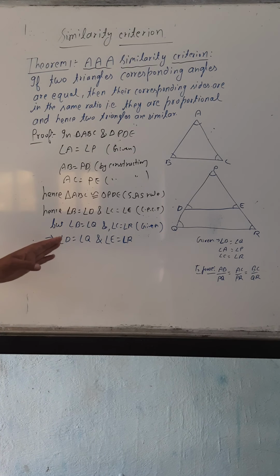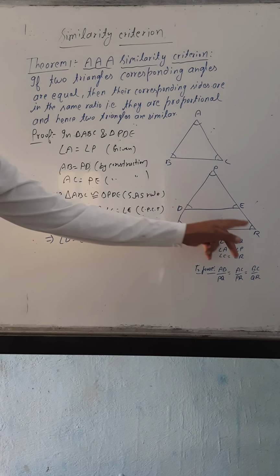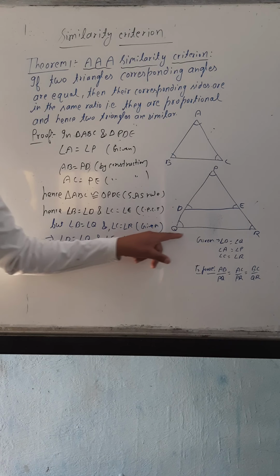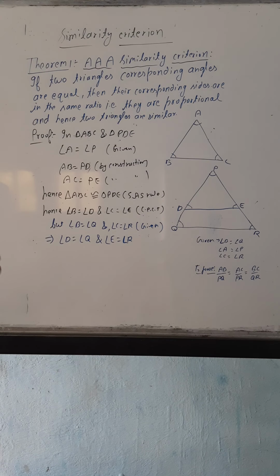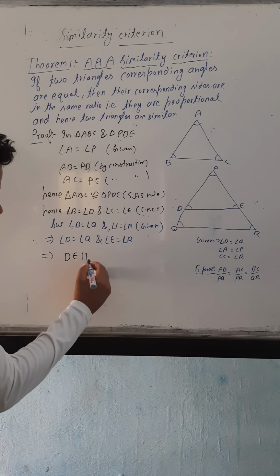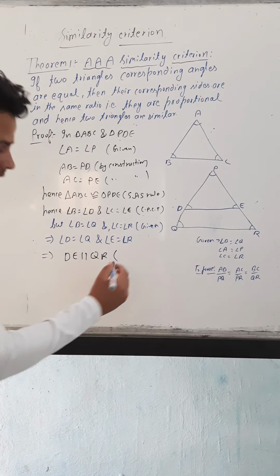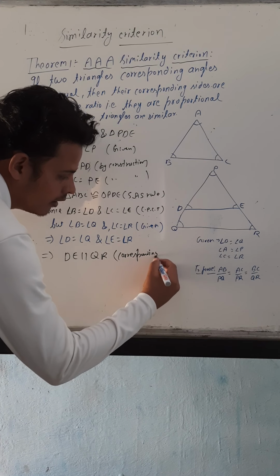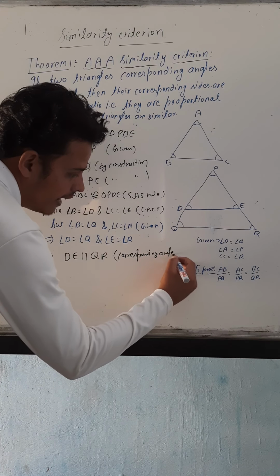So right now we have just proved that corresponding angles are equal. It implies DE is parallel to QR by corresponding angle axiom.